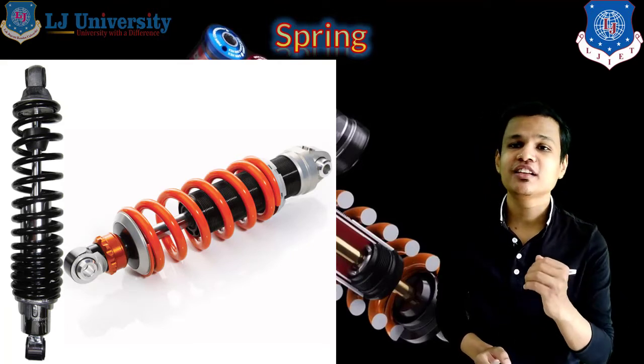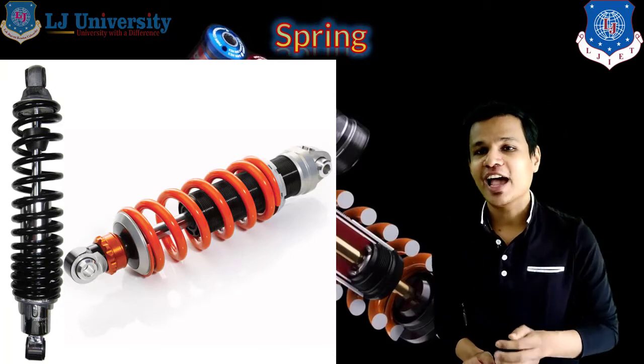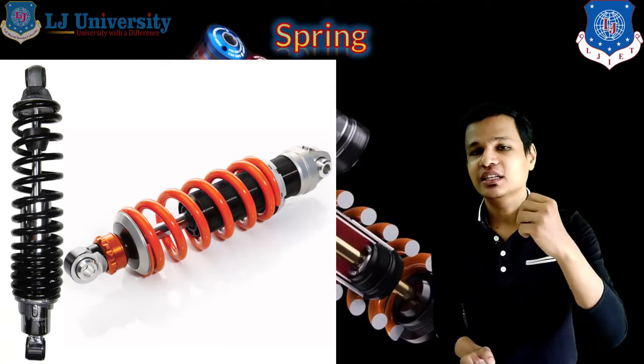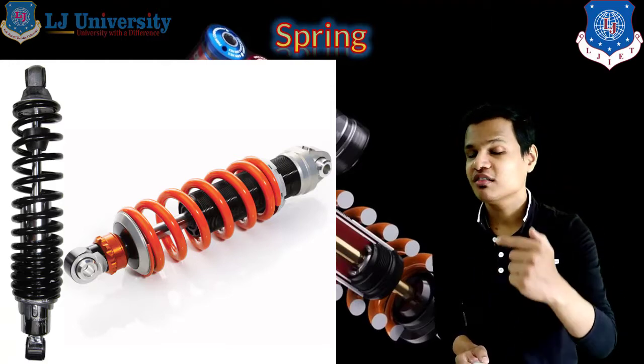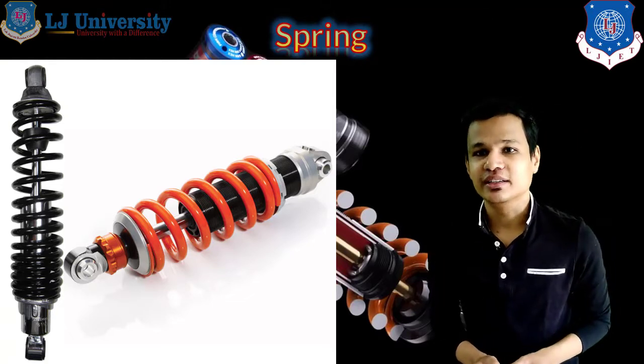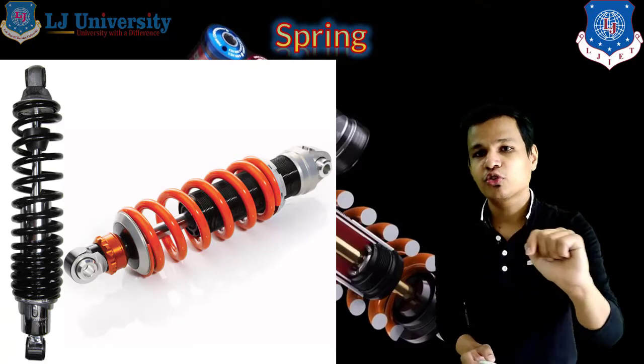A helical spring is basically used on two-wheelers, and its function is to absorb the load and transmit that load in the vertical direction. During cornering, the two-wheeler will also face a load from the side.